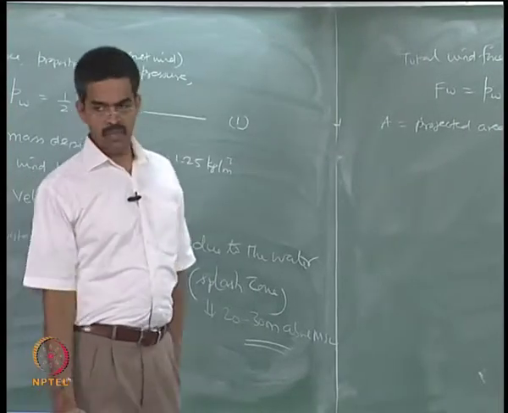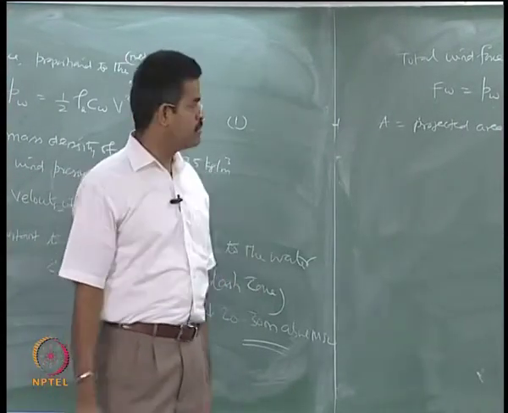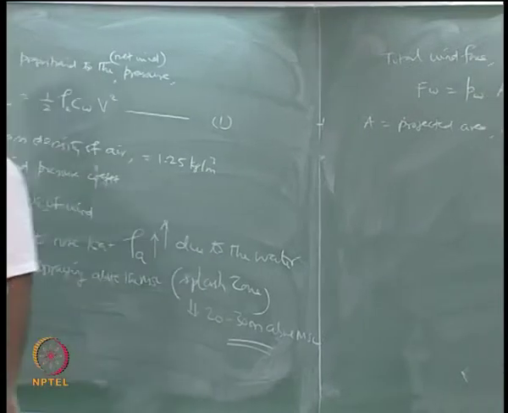If the member is inclined, then you must find out the appropriate projected area which is orthogonal to the direction of flow of wind.